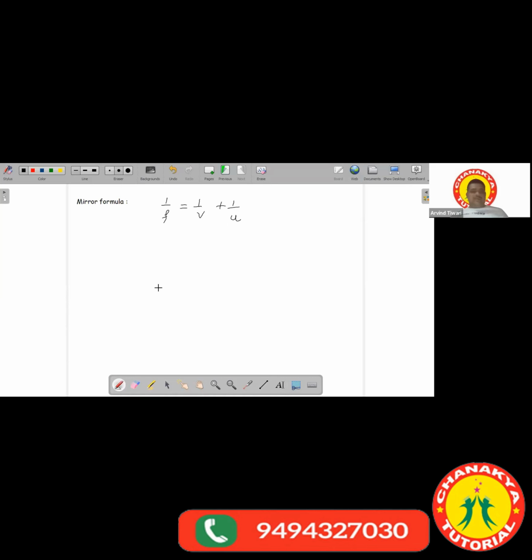Siddhisri, can you unmute yourself? Okay, see here. Dhriti, what does the symbol U represent?